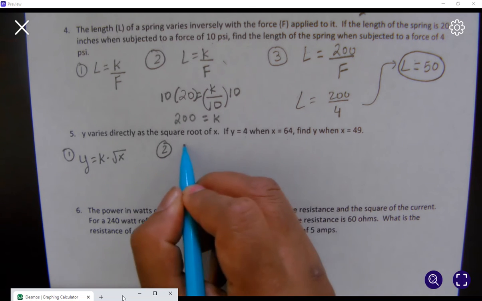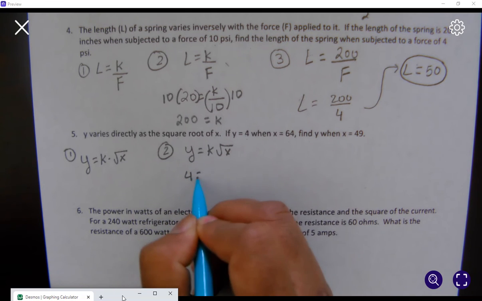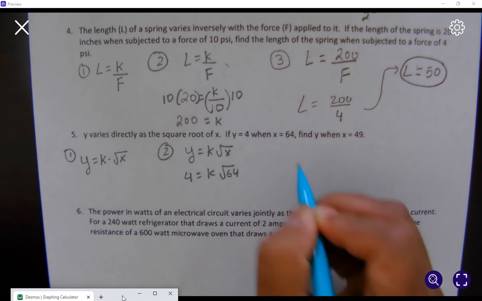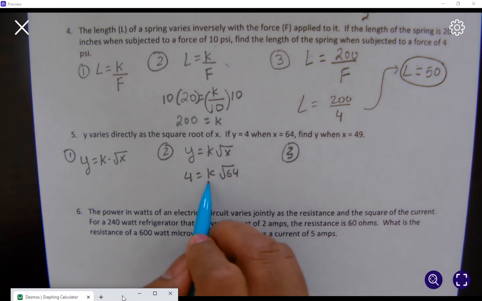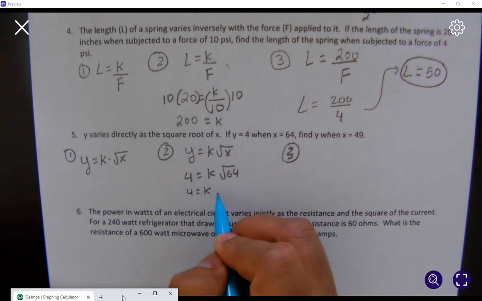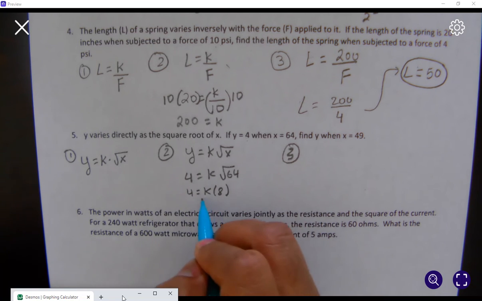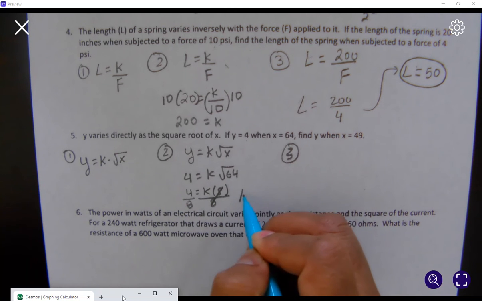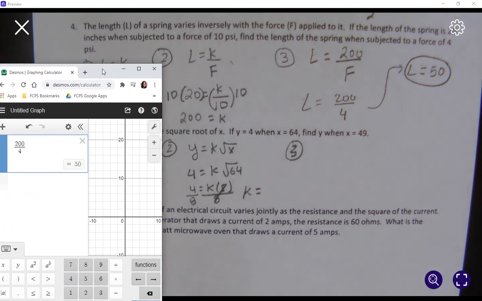It says y is equal to 4 and then my x is equal to 64. Before I go through to the third part of the question, let me find what k is. So let me simplify, square root of 64 is 8. And then you can divide by 8 on both sides.